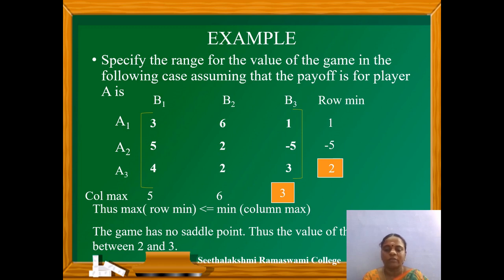Third column, maximum value is 3. Among the row minima, the maximum value is 2, so we select 2. Among the column maxima, the minimum value is 3, so we select 3. Here, the maximum of row minima is less than the minimum of column maxima, so they are not equal. So the game has no saddle point. But the value of the game lies between 2 and 3.